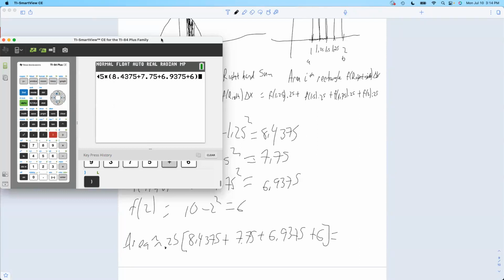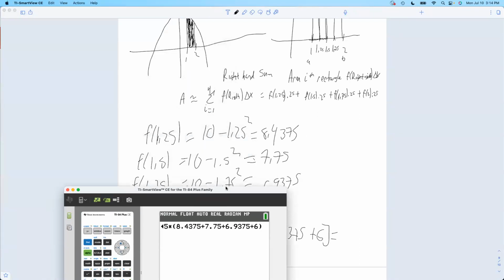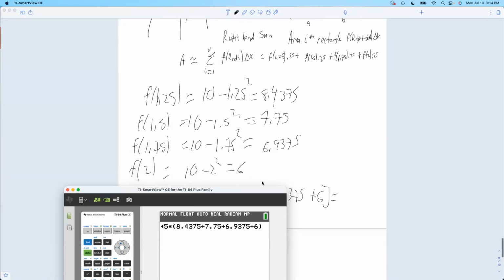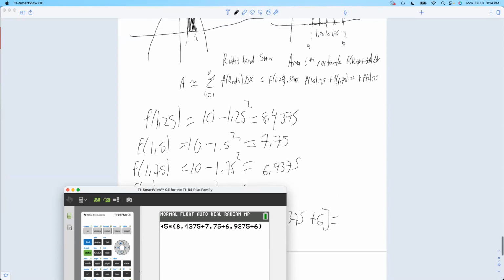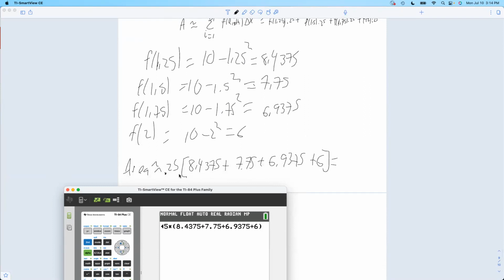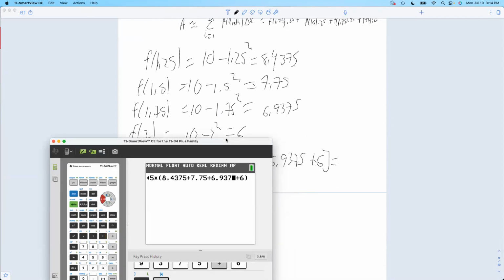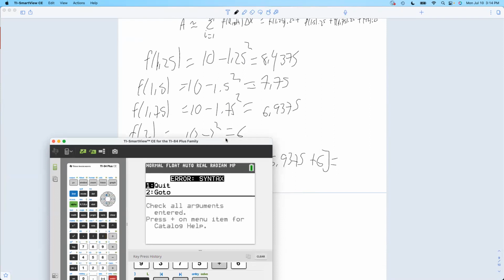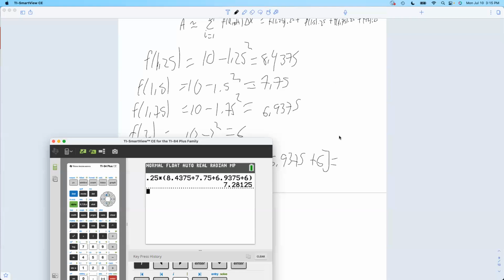Okay, so here are all the heights I got. And remember, each of those is multiplied by 0.25. So I factored the 0.25 out, typed that all here in the calculator. What happened there? And got this answer.